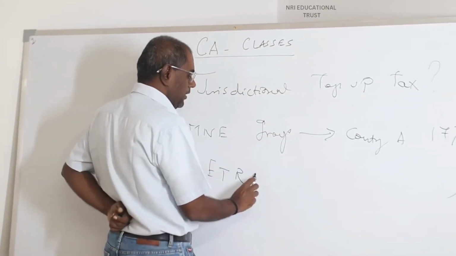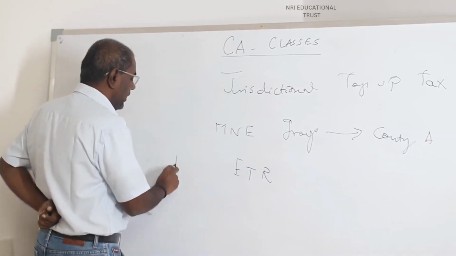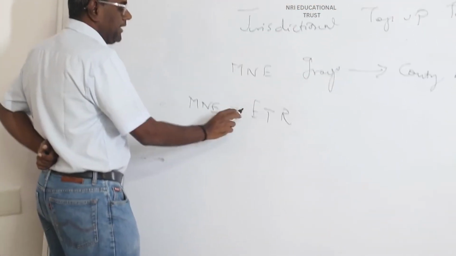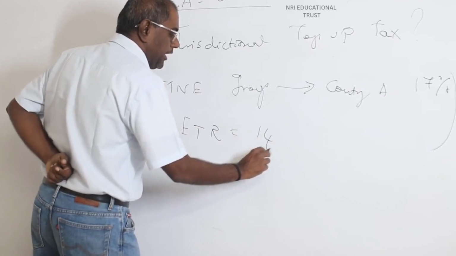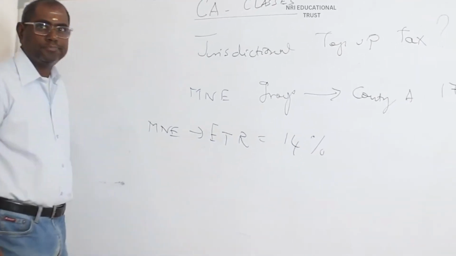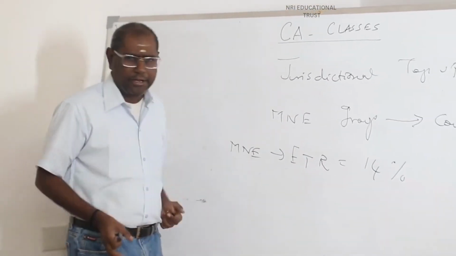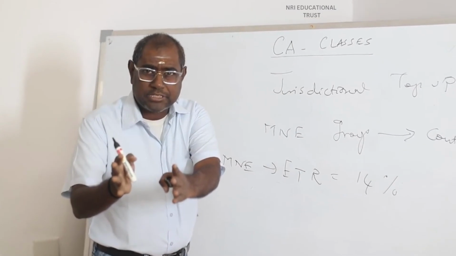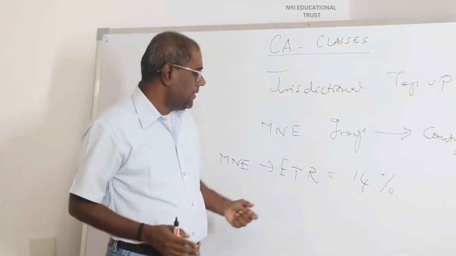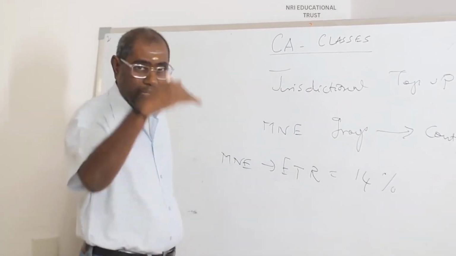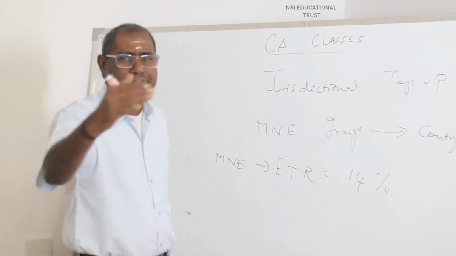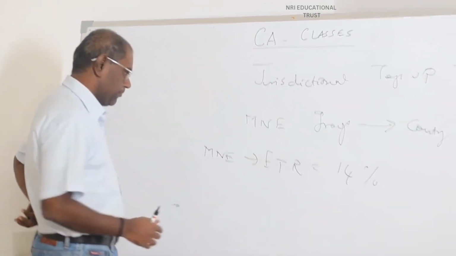Let us say the M&E group in this country ETR is 14%. This is a calculated number: total tax divided by the total turnover in that country. So let us say the effective tax rate is 14%.